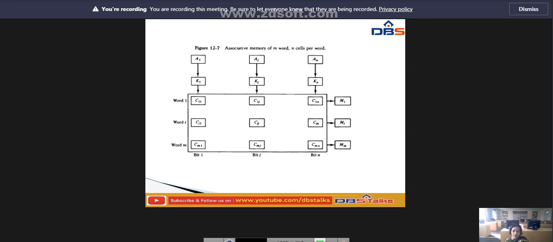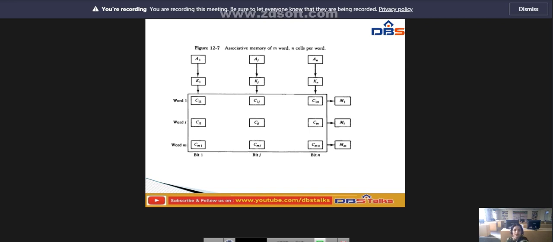If a match occurs between all the unmasked bits of the argument and the bits in word i, the corresponding bit Mi in the match register is set to 1. If one or more unmasked bits of the argument and the word don't match, Mi is cleared to 0.